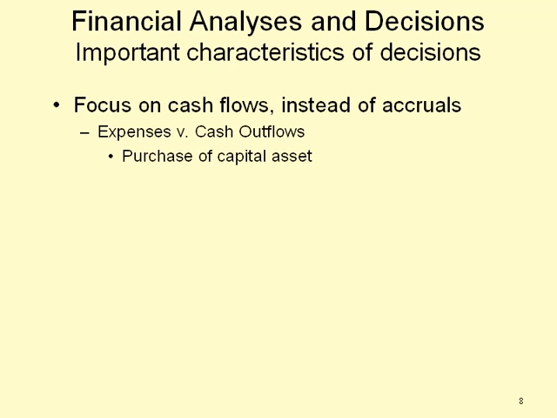An example might be the firm purchases a capital asset like a new piece of manufacturing equipment. That purchase is not reflected as an expense at the time of purchase. Rather, there's a significant cash outflow that will show up on the cash flow analysis that we're going to be doing, but no expenses recorded right as the asset is purchased.